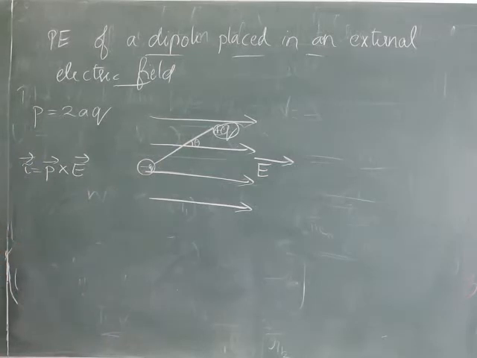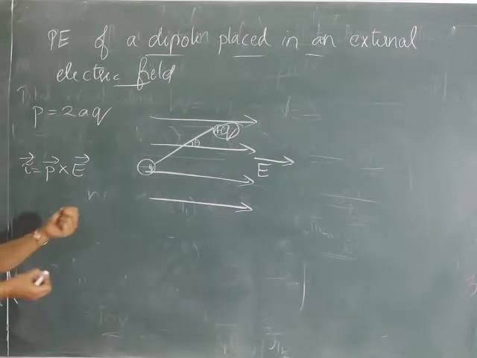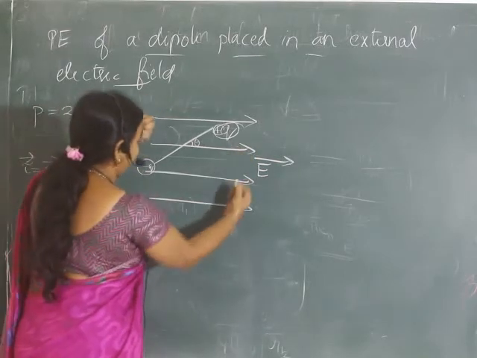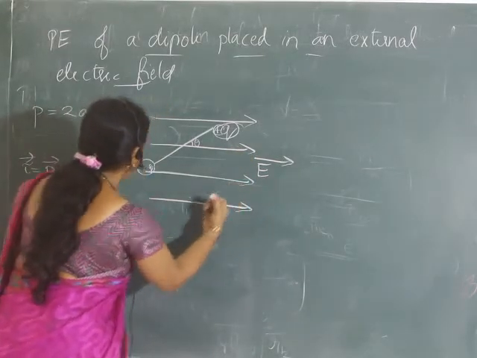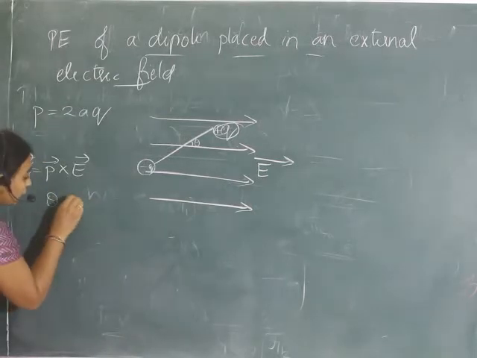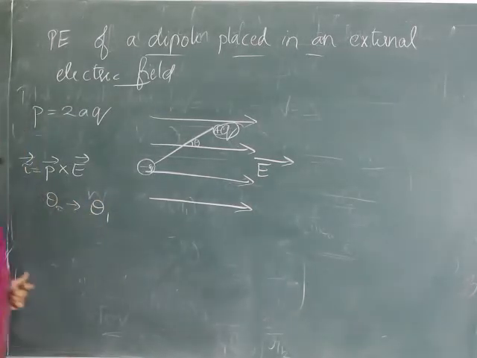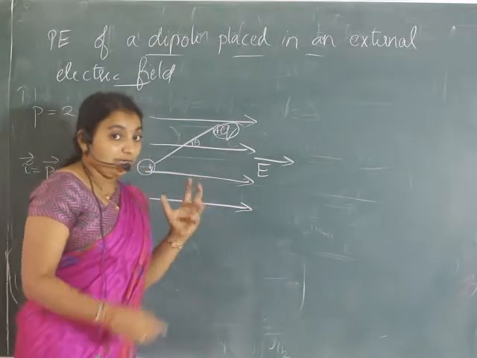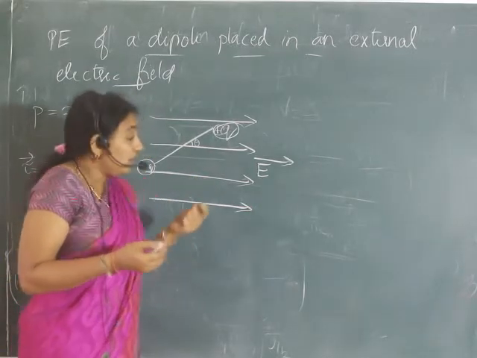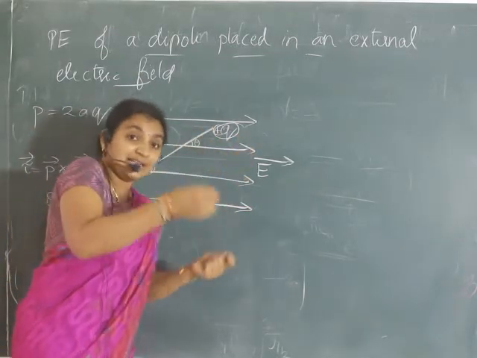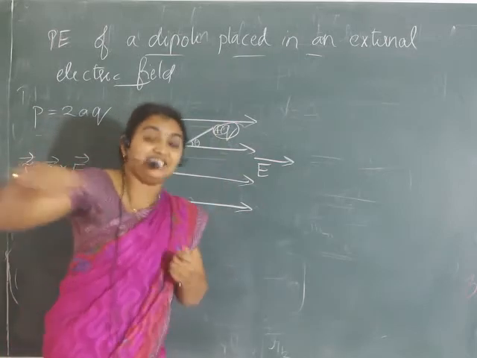I want to neutralize this torque by giving an external torque, by rotating the plane of paper from theta naught to theta 1. To neutralize this torque, I have to give an external torque.